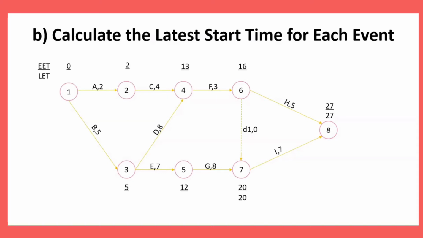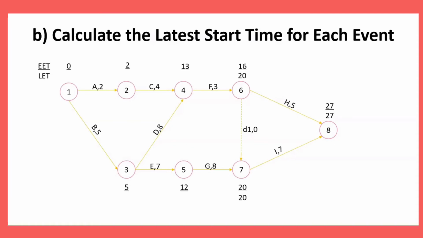Next, we will continue with node number 6. Before node number 6, we can see there is a dummy. If we find a dummy, we should just ignore it. So, the LET for node number 6 will remain as 20.